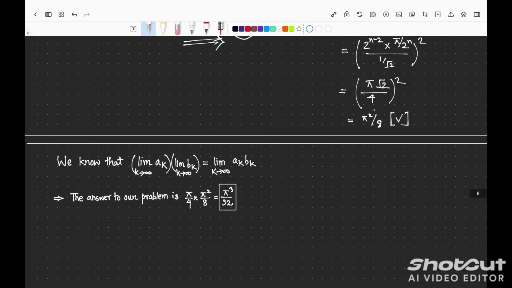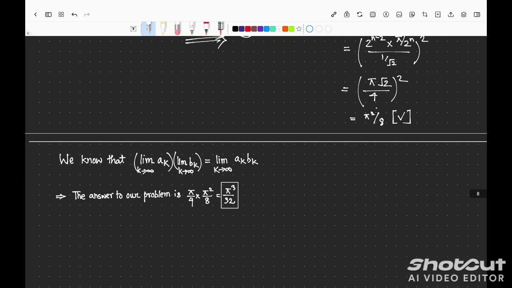And also we need to know this amazing property of limits, that the product of two individual limits can be written as the limit of the product if the value to which k is tending, as it is given here, is the same.